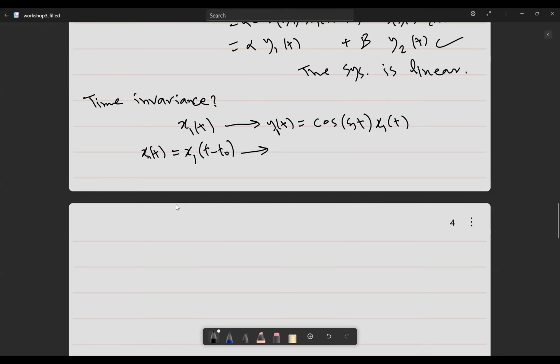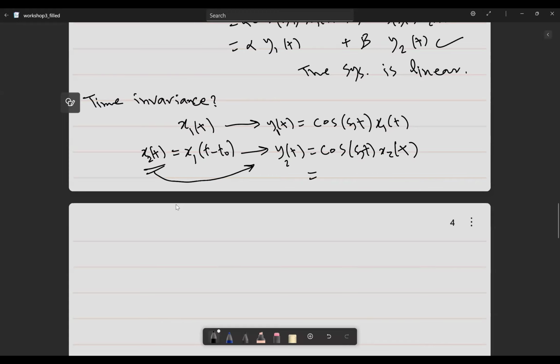Let's call this x2. x2(t) is just x1 time shifted. The output for this new signal as an input to the system, we get this output, which is cosine 5t x2(t).